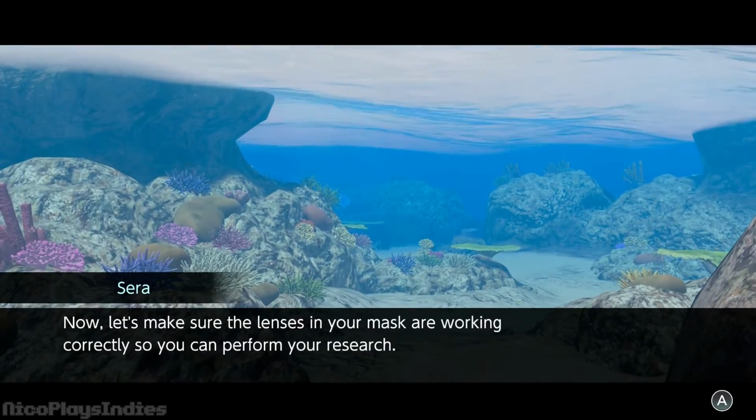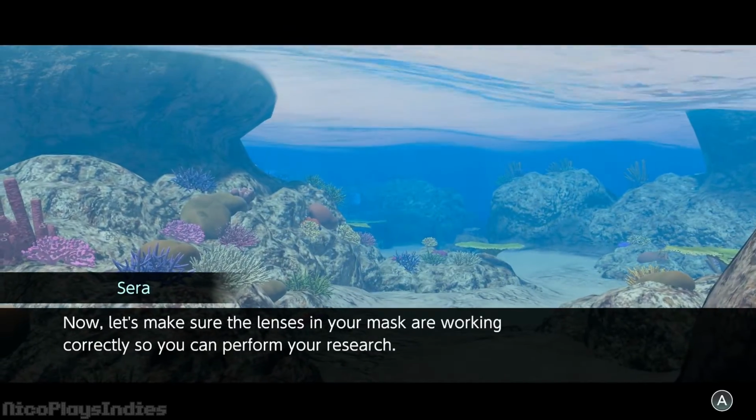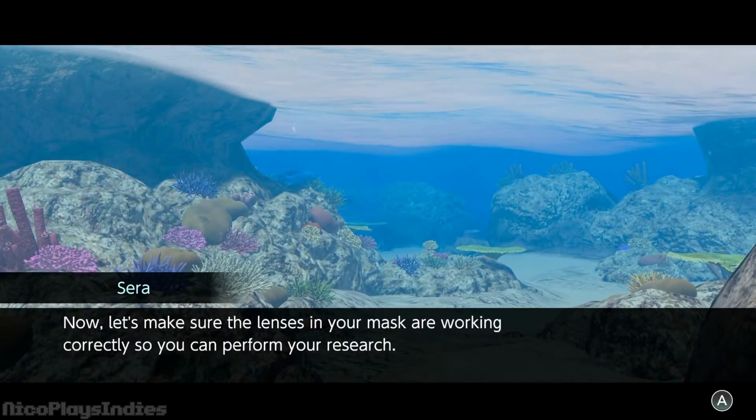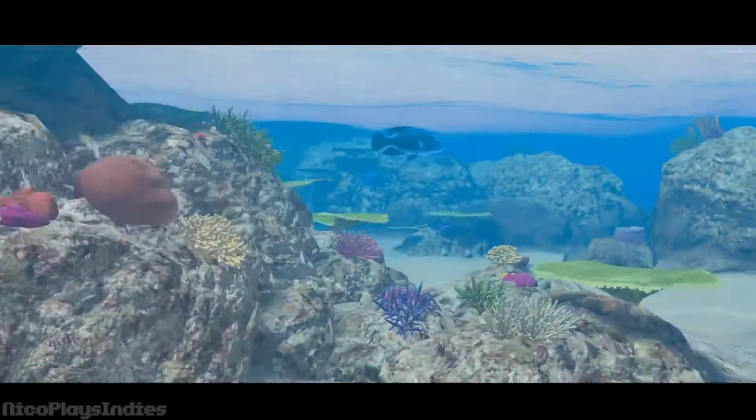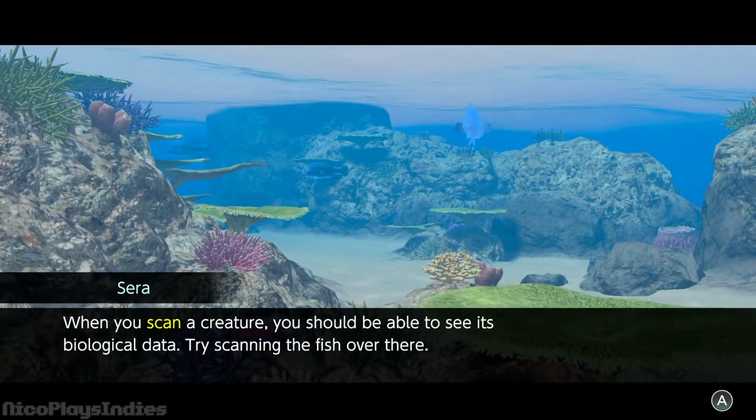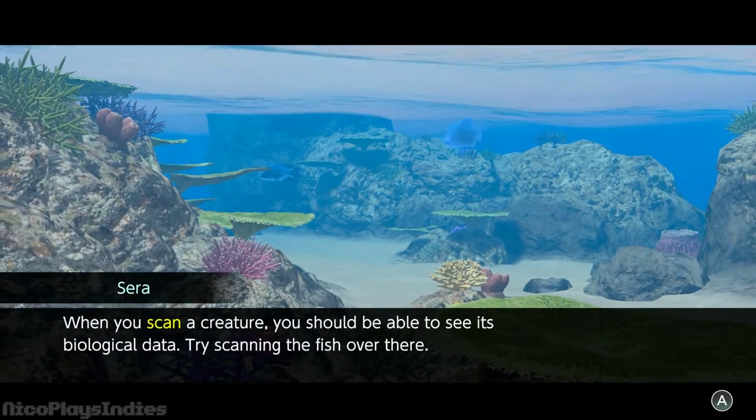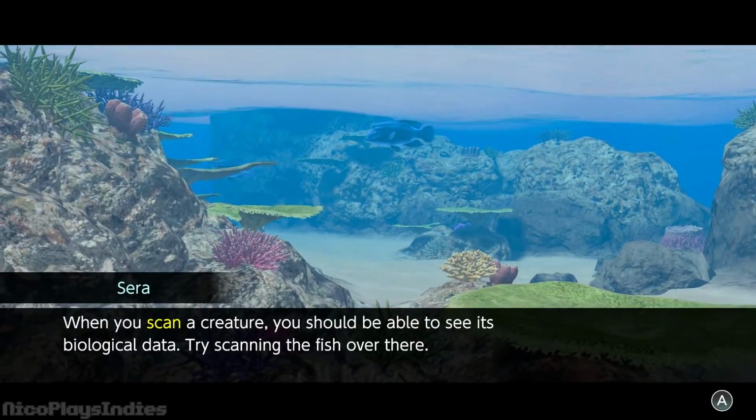Now, let's make sure the lenses in your mask are working correctly so you can perform your research. When you scan a creature, you should be able to see its biological data. Try scanning the fish over there.